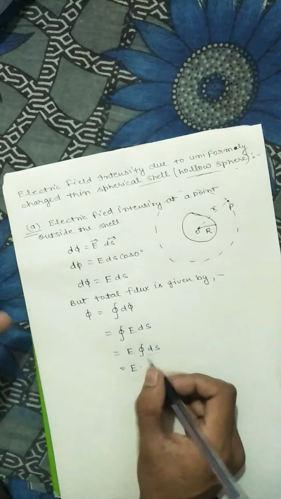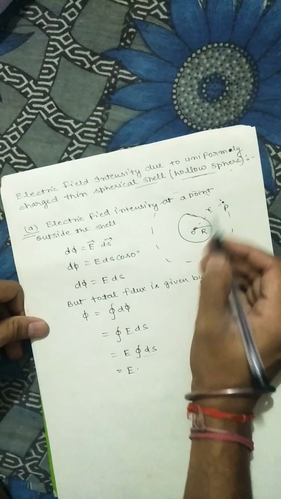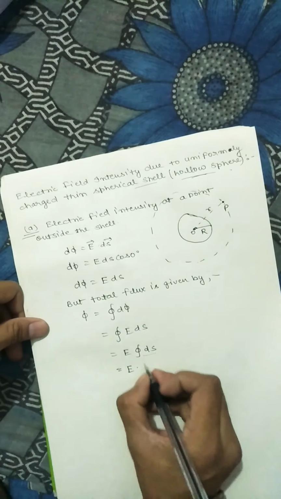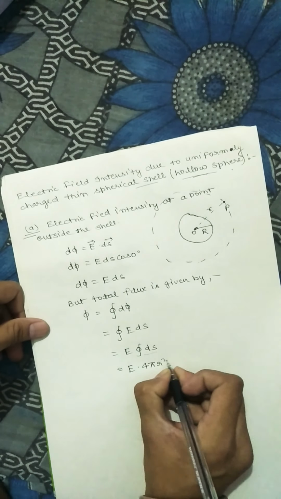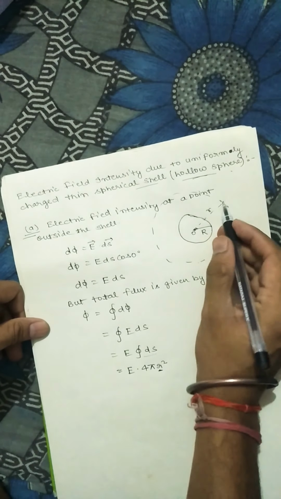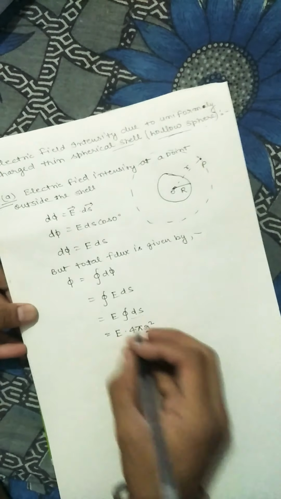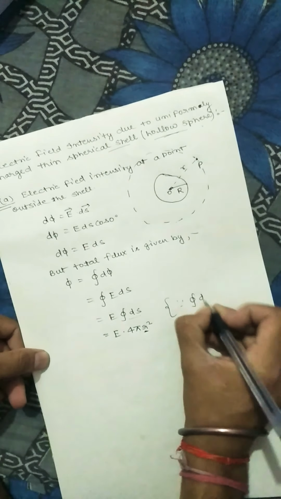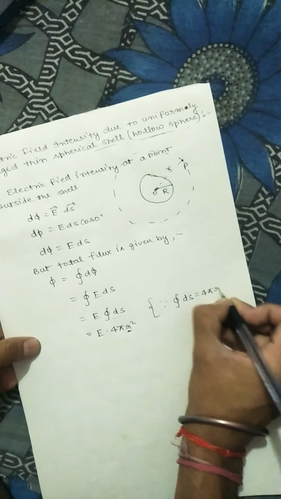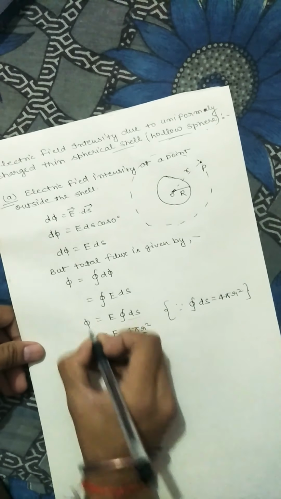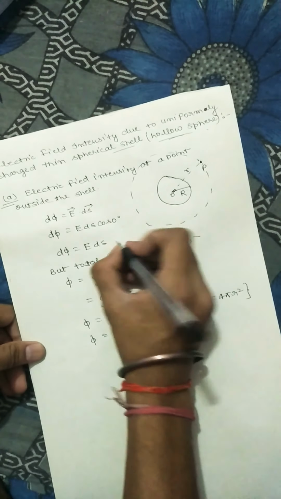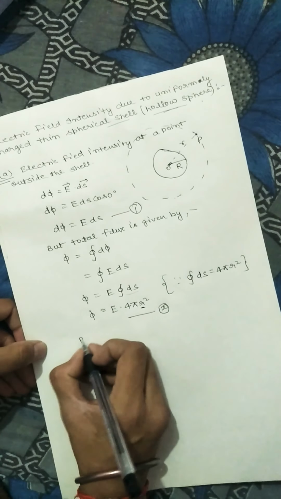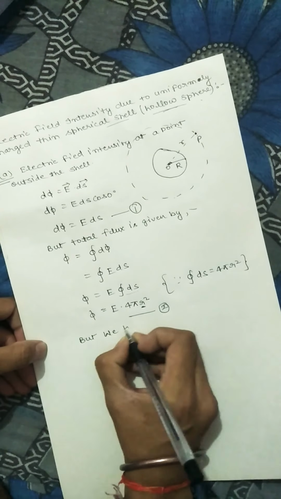We are taking a point outside, so we take the distance from the center to the point P, which is small r. So the surface integral of ds is 4 pi r square, and phi is equal to E dot 4 pi r square. This is equation number 1, and this is equation number 2.